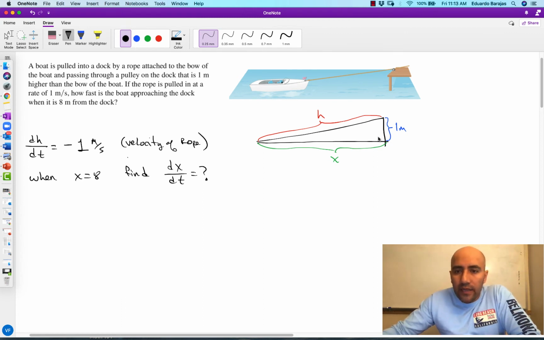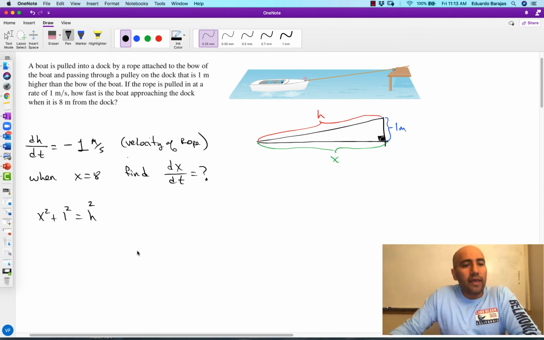A nice way to connect these two variables, we have the variable h and the variable x. Well, it's Pythagorean, right? So we can establish that x squared plus 1 squared must be equal to h squared. From here, we can find the value of h when x equals 8. So when x equals 8, we'll have 8 squared plus 1 squared equals h squared, which means 64 plus 1 is 65.